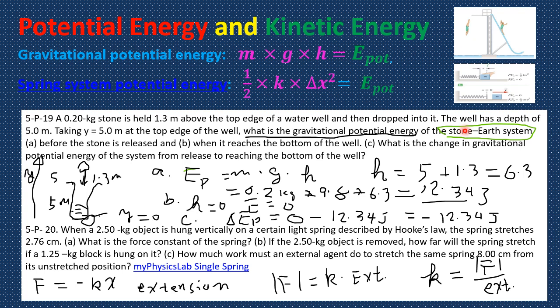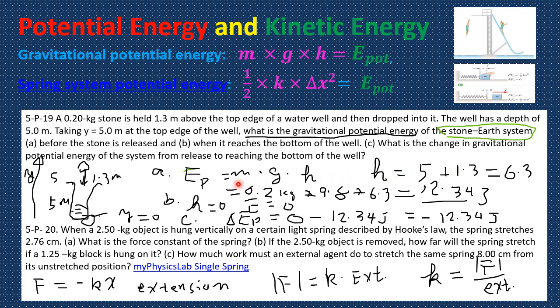Now, stone-earth system, so the potential energy before the stone is released. That, of course, depends on where you take zero. In this case, y equals 0 is at the bottom, and therefore the stone is at 5 plus 1.25, so the total height is 6.25.